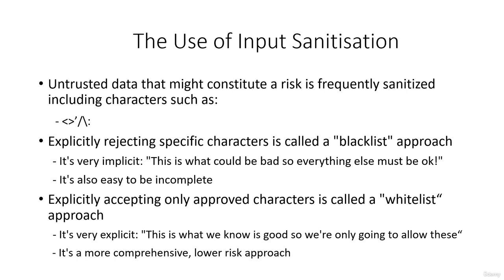It's very easy for that approach to be incomplete, and we're going to see an example of it. The problem is that you may know or think you know what a bad character is today, but if a new attack vector is discovered tomorrow, your system may still be at risk.